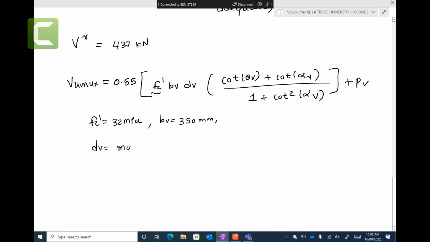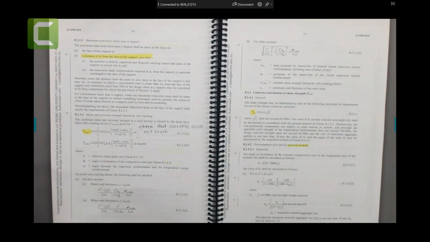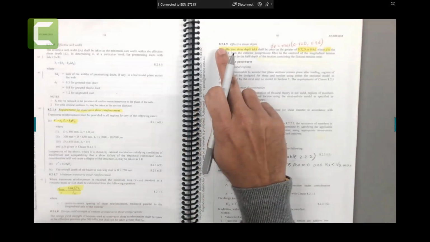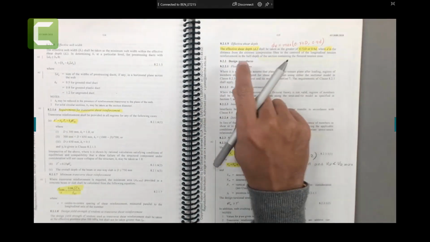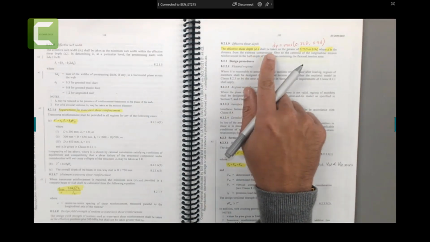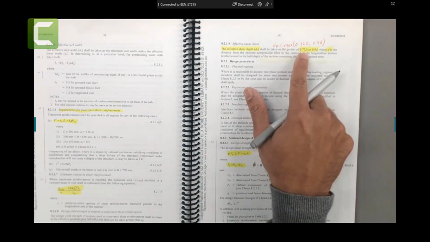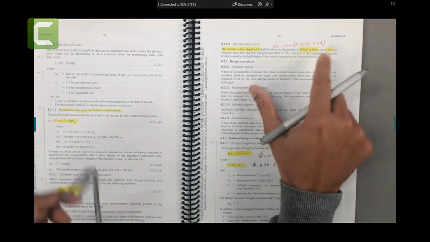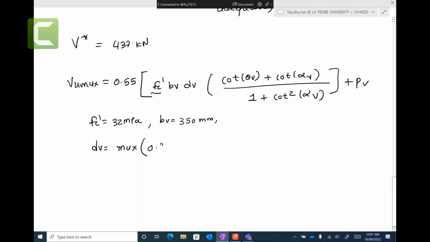So dv is called the effective shear depth. I can show you where you can find dv. If you go to the standard, clause 8.2.1.9, effective shear depth, on page number 150, it says that effective shear depth shall be taken as the maximum of 0.72D and 0.9d.